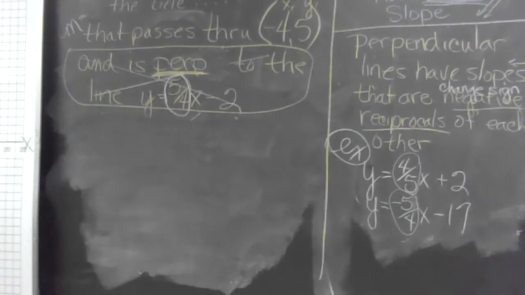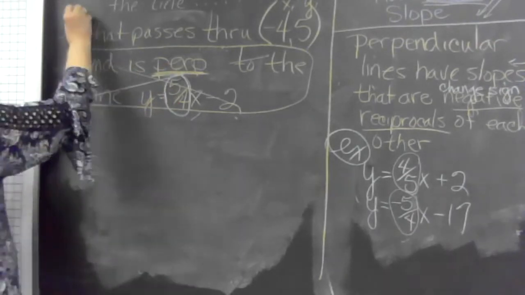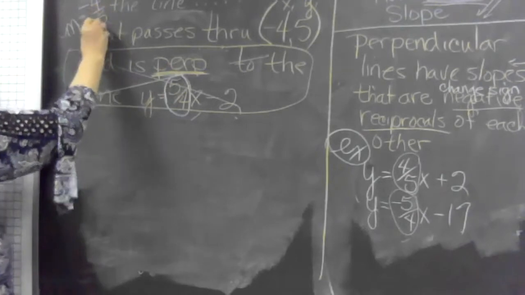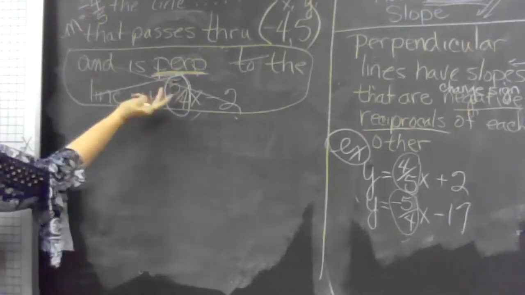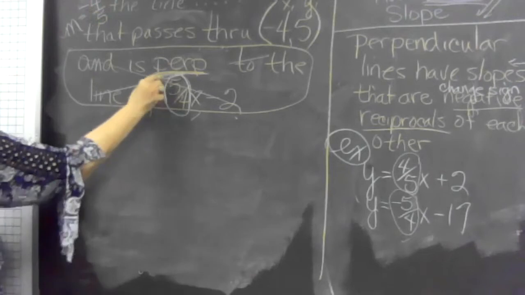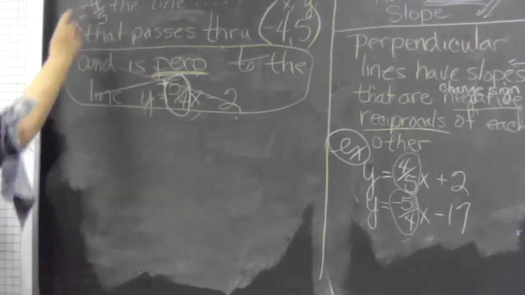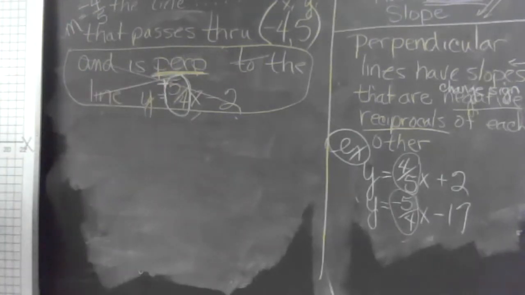Oh, 4/5. I need a negative 4/5, because remember, you flip and change the sign. This is a positive right now, so it's a minus. So I had to change it to a negative 4/5. Do you guys see that, Isabel? Yes. Josh?